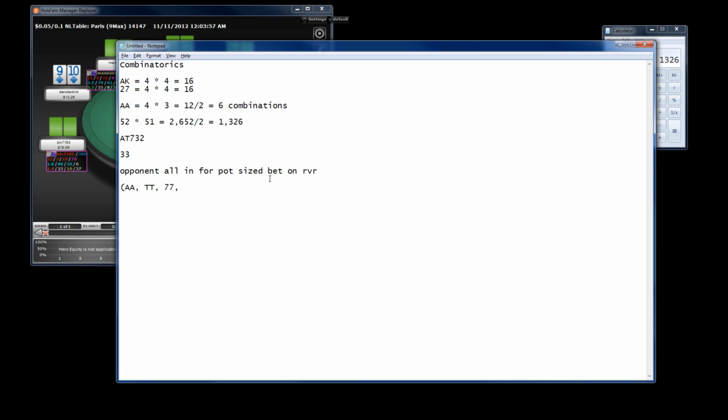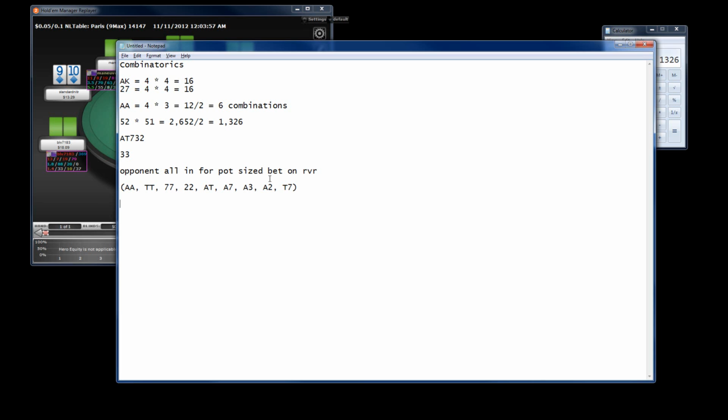He can't have pocket 3s because there's a 3 on the board, and we have 2 3s in our hands. So there's only 1 3 left in the deck. He could have deuces. He could have ace 10, ace 7, ace 3, ace deuce, 10, 7. Let's just say that's it. So this is our range that we put him on.